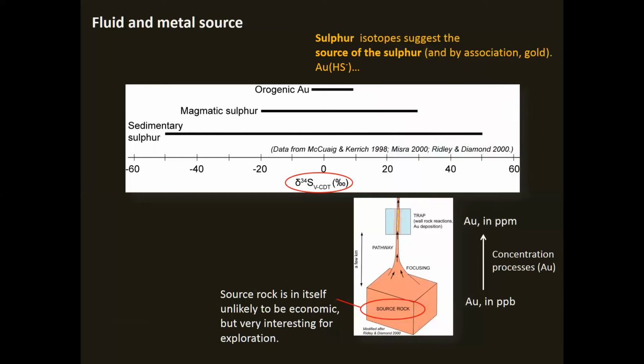Looking at the sulfur isotope signatures, we see that we have a large range for sedimentary sulfur, also a fairly large range for magmatic sulfur, and then at the top of this one, we have the range for orogenic gold deposits, which overlap both magmatic and sedimentary sulfur. And that will cause a problem for us working with isotopes in orogenic gold, and it will be evident a little bit further on in this talk.